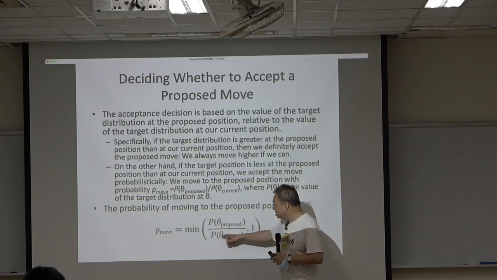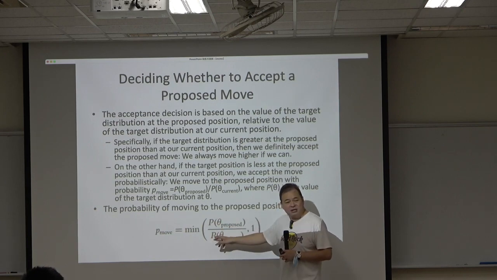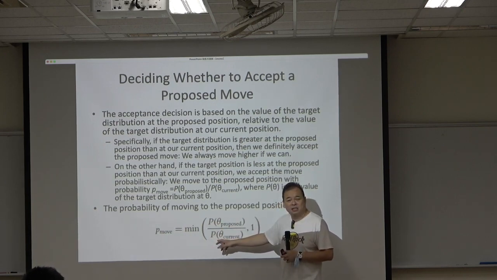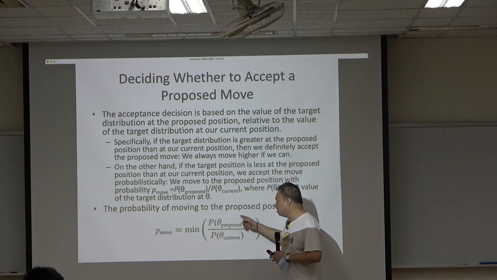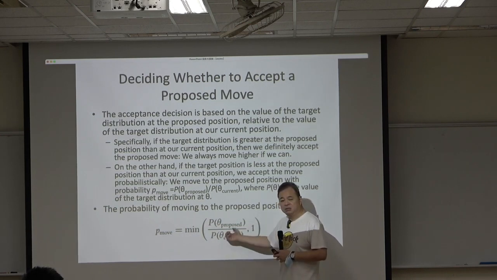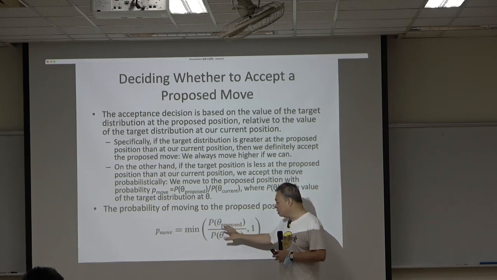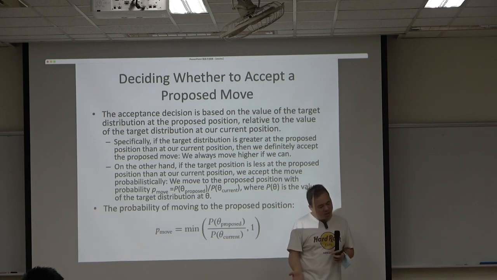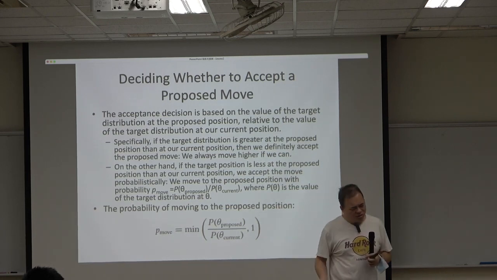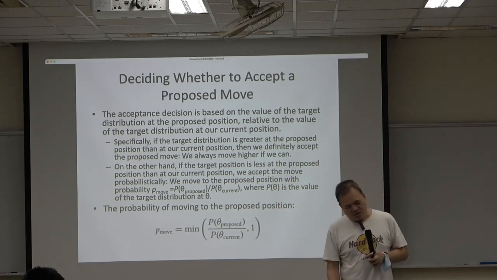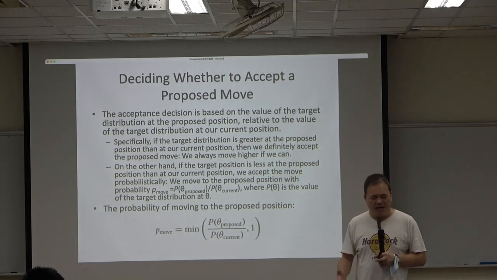Why? Because if the P theta proposed is 0, you can never go there, because the probability of moving there is simply 0. So you don't need to worry, if you have a good start, about whether after several steps it's going to go to a place where P theta is 0.